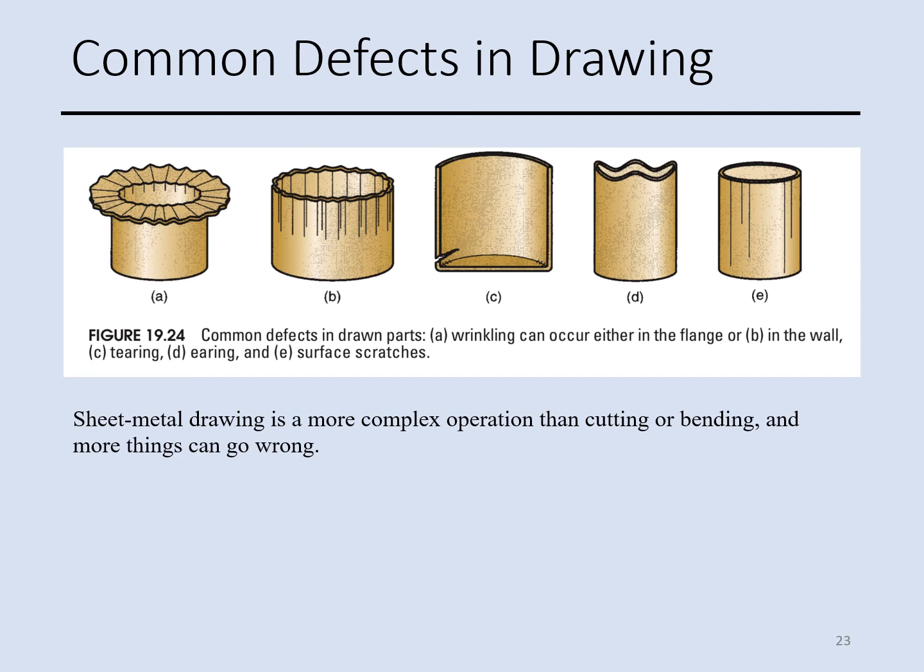Some of them are listed in this schematic, as you see. For example, we have wrinkling, which consists of a series of ridges that form radially in the flange. This is due to compressive buckling.